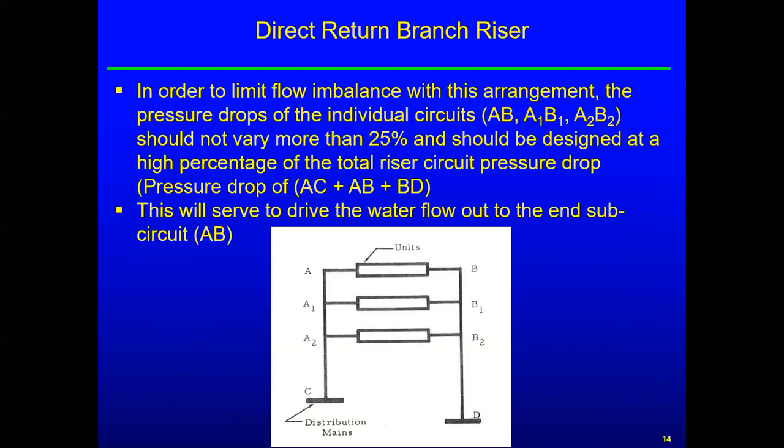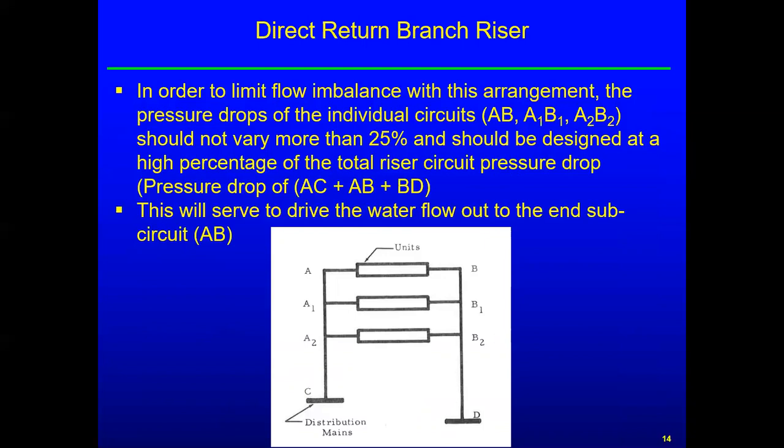What we're saying is it should not vary by more than 25%. So let's say A to B is 20 feet, then 25% of 20 feet would be 5 feet. And so A1 to B1 and A2 to B2 should not be less than 15 or more than 25. And you would like them to be as close together as possible because that helps in your balancing.